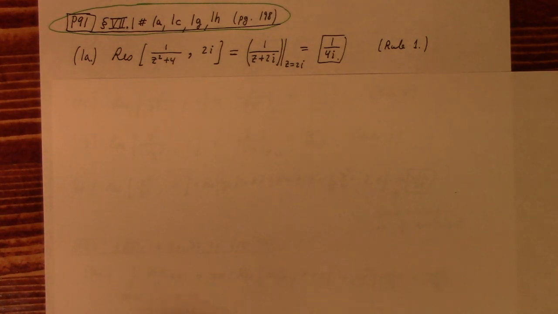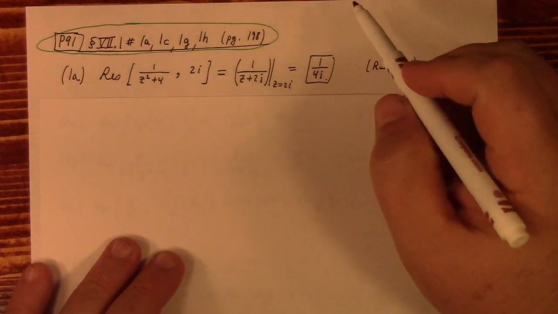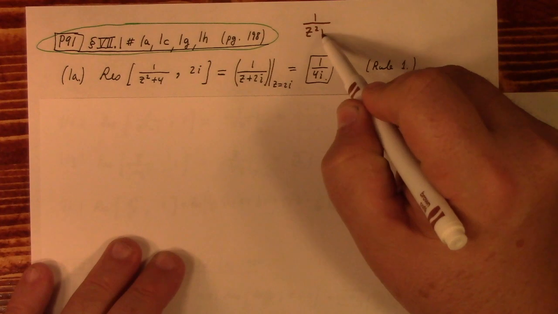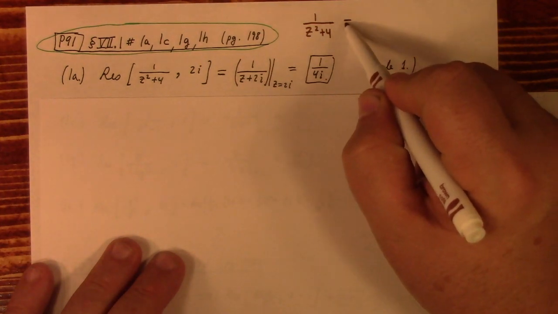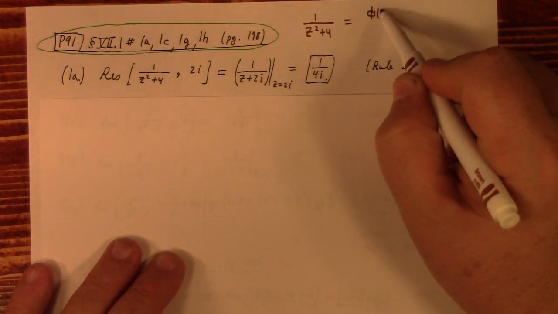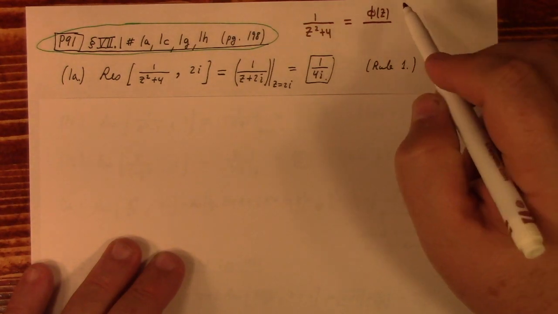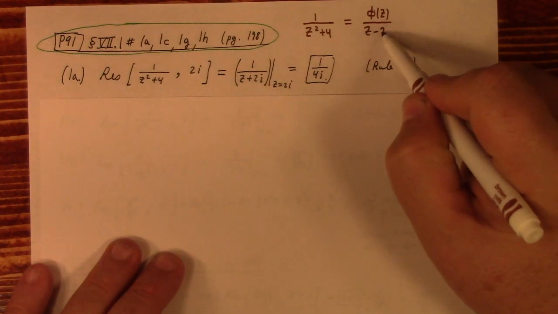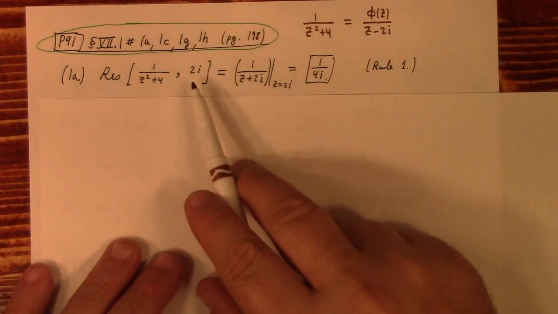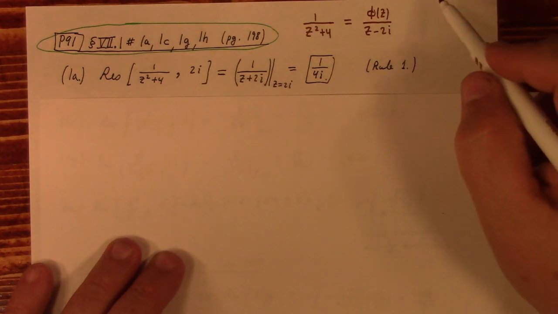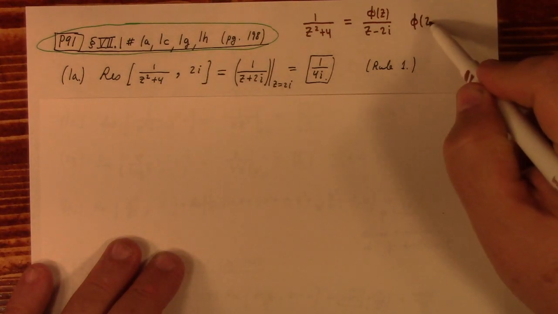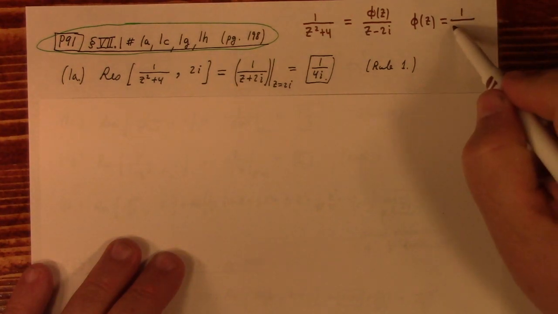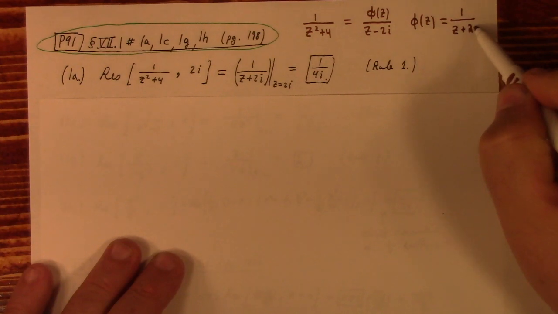One way you could think about that is that 1 over z squared plus 4 is equal to phi of z divided by z minus 2i, at least for the purposes of z naught equals 2i, where phi of z is equal to 1 over z plus 2i.